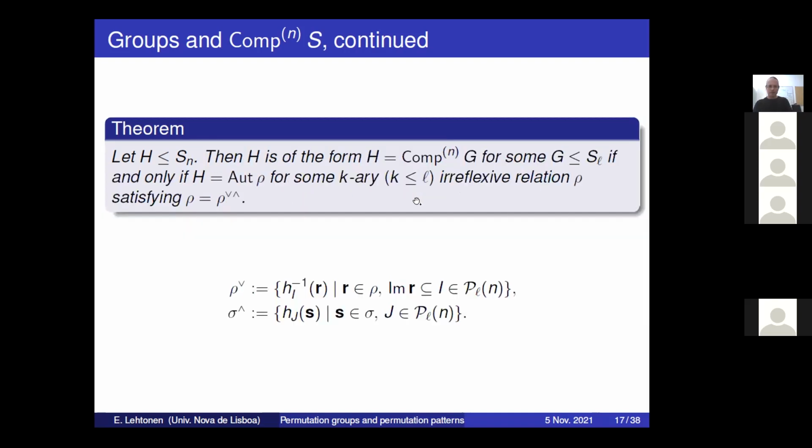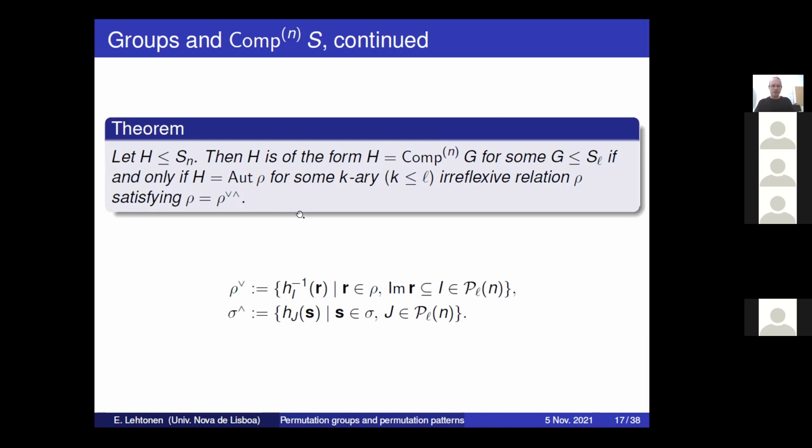And we had another result for groups of the form Comp_N(G), where G is a subgroup of S_L. So here again, H is of this form if and only if H is the automorphism group of a relation. But now we get a more concise formulation because it's a more restricted case.